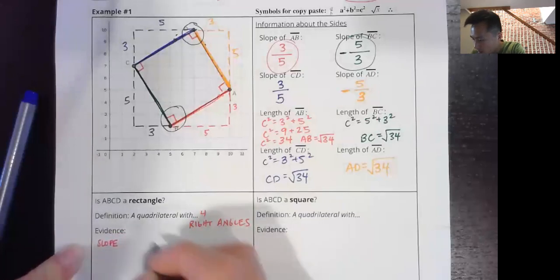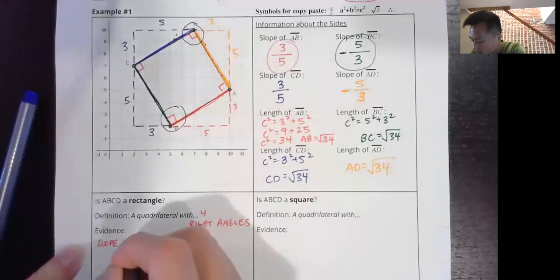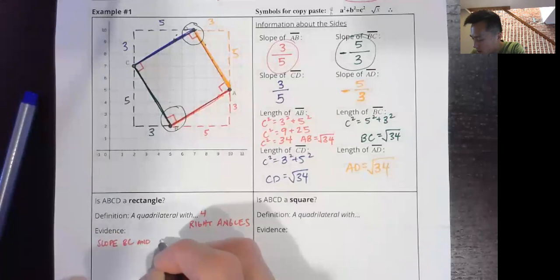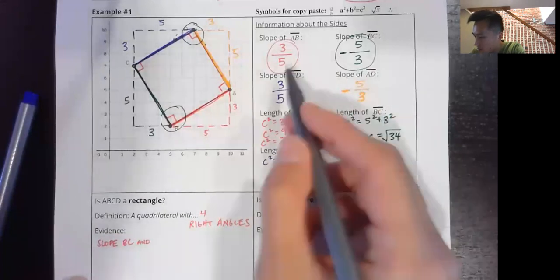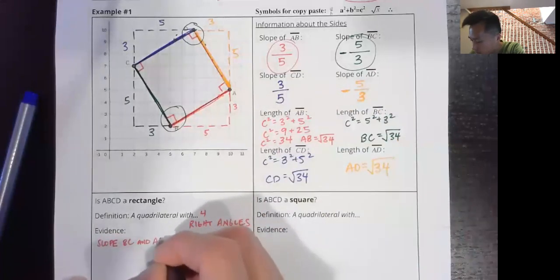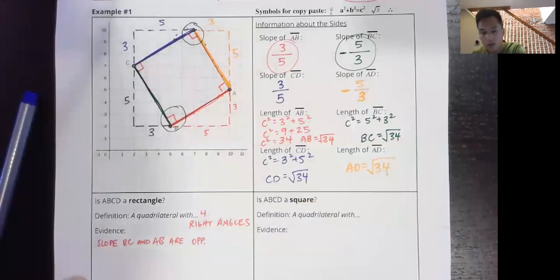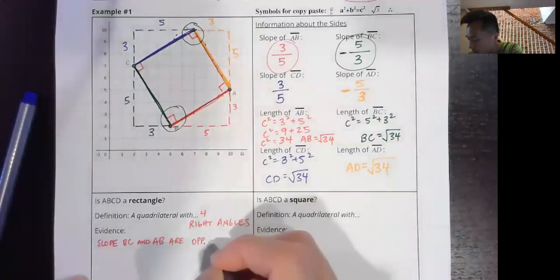Slope of BC and, what else? What did we say? AB are opposite reciprocals. Guess what? You can say OPP period for opposite. Save you some time.